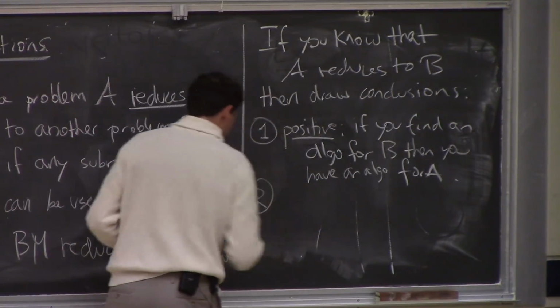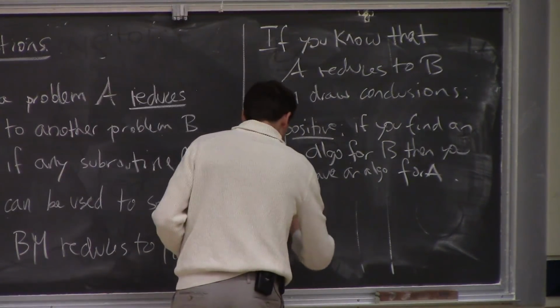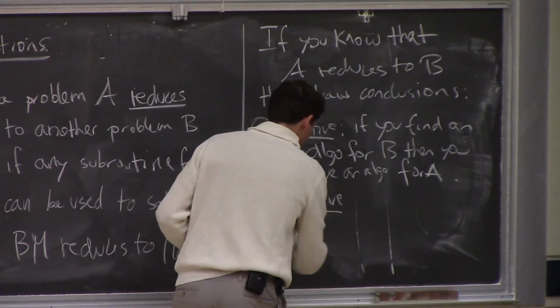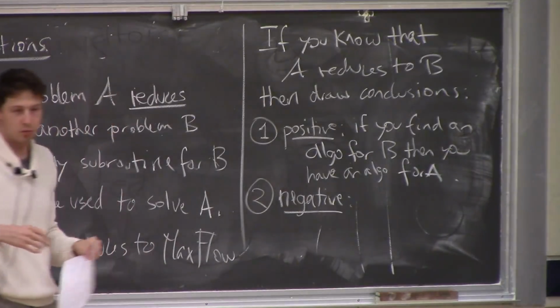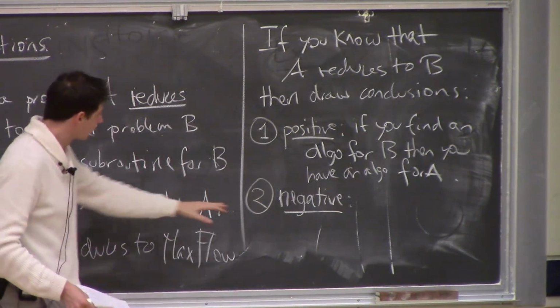More subtle conclusion is a negative one, which is used most often in complexity theory, because when we quickly move and study problems beyond efficiently tractable ones, all we can do is establish relations. So we're not actually talking about algorithms that we have.